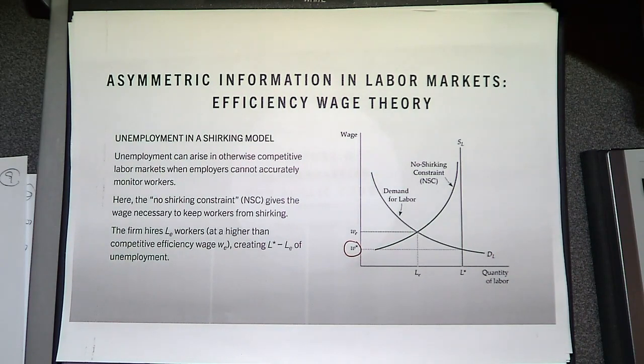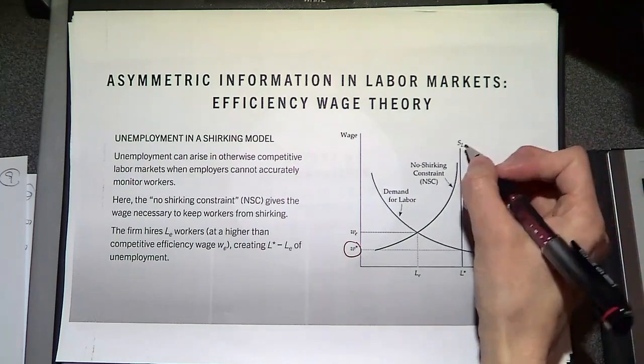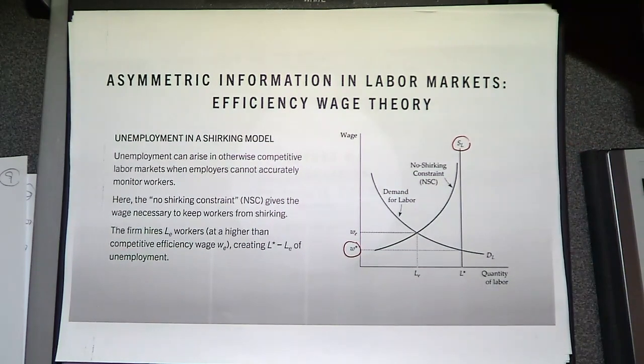Right, so this is the real wage, and the real wage, remember, is the wage divided by the price of the product, okay? In this case, the supply of labor, which is this one, is fixed. Now, the supply of labor in the labor markets, depending on the labor market that we are talking about, in many markets, sometimes could be quite inelastic, okay?